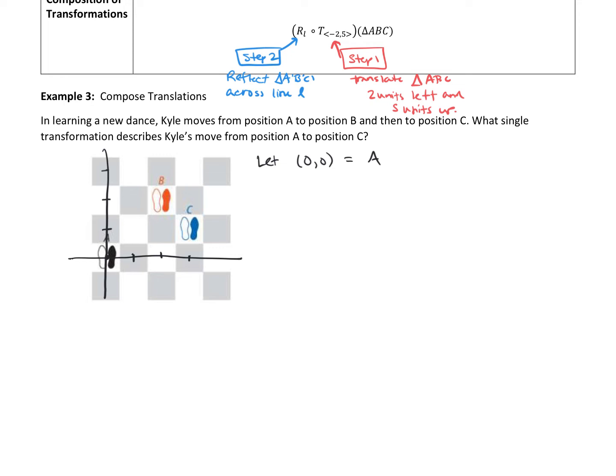So to get to position B, I think that he went to the right 1, 2, and he went up 1, 2, and he landed at B. Then at B, I think he went to the right 1 and down 1.